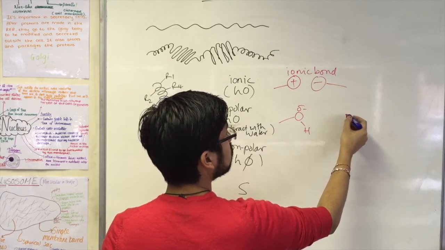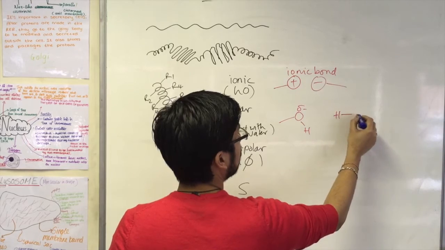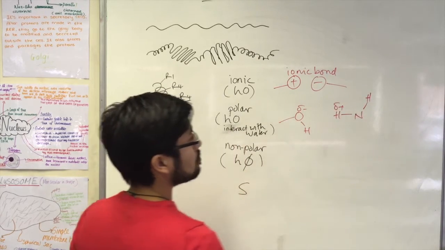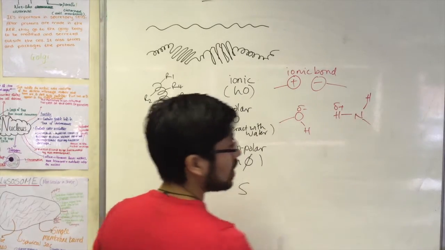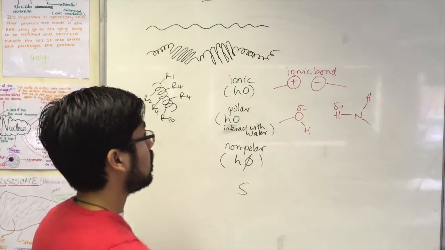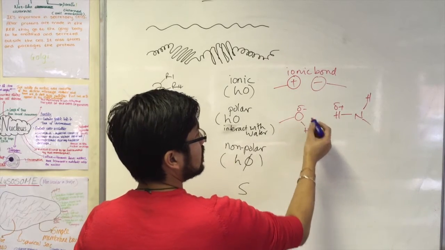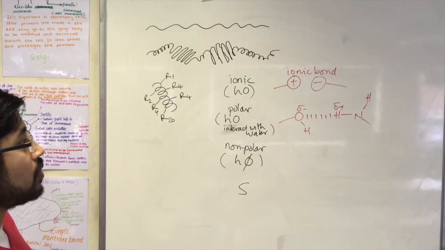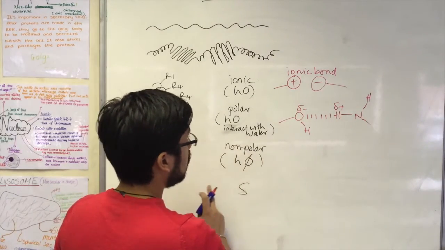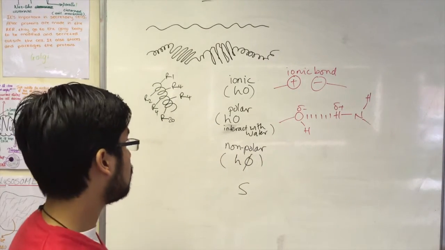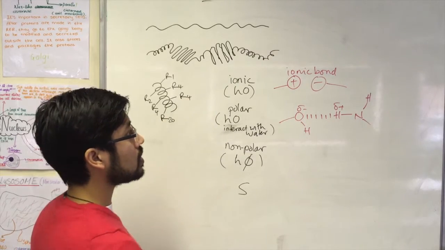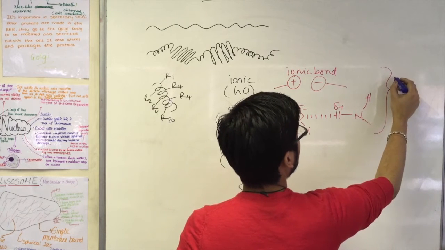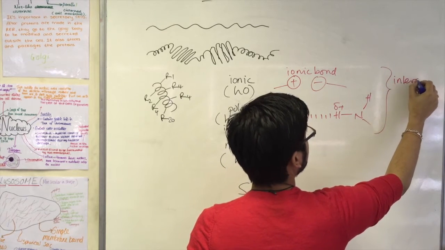Maybe it's an amino group which contains a hydrogen like this, and the hydrogen obviously is partially positive if it's attached to a nitrogen, not always. And in this case, they might form a hydrogen bond between them. Okay? And the other important point is that if they're ionic or polar, they will interact with water.